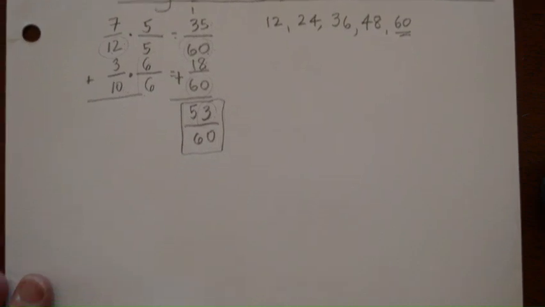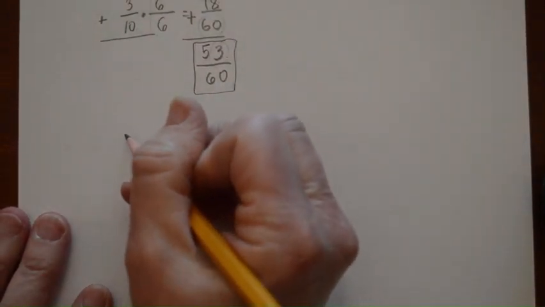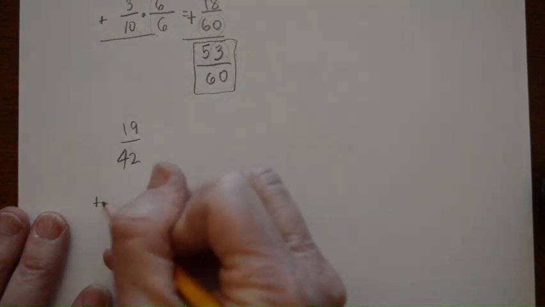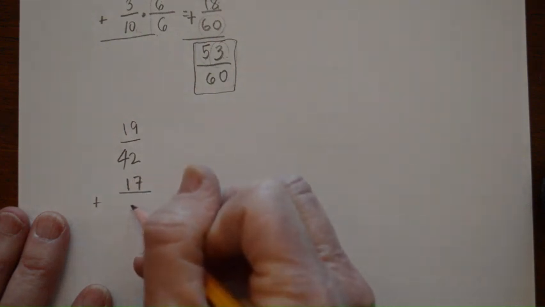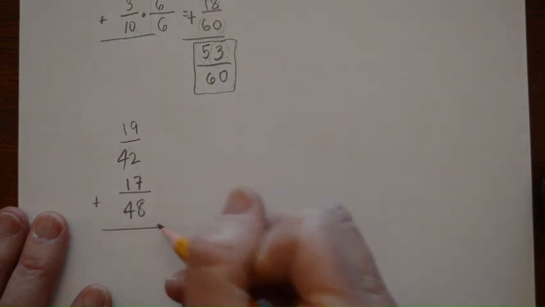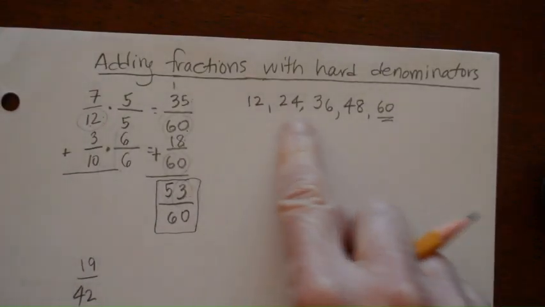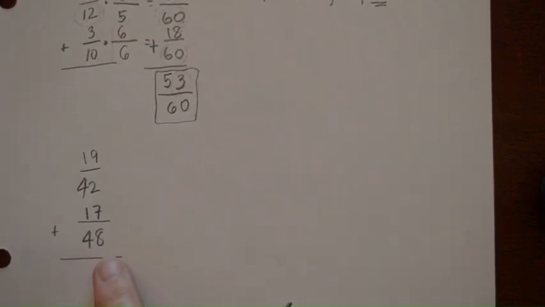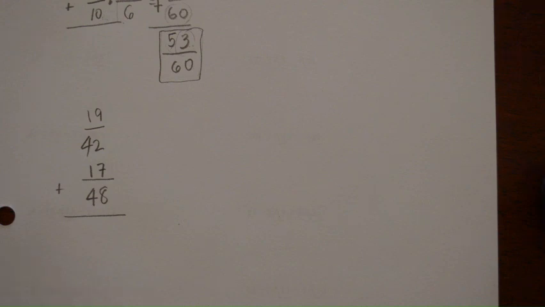Okay? But then the bigger question is, okay, what happens when we get to something like 19/42 plus 17/48, right? If we were to use the strategy that we did up here, we would be writing for a long time to get to a denominator that both 42 and 48 go into.